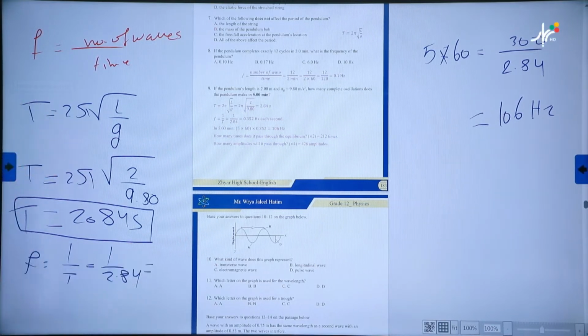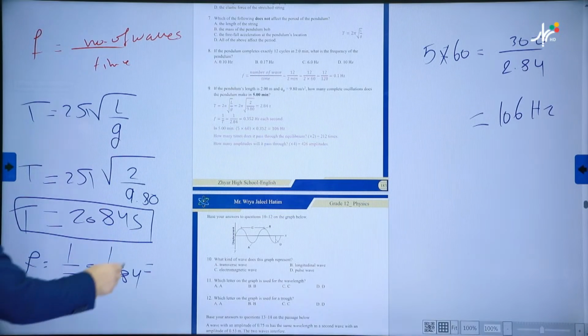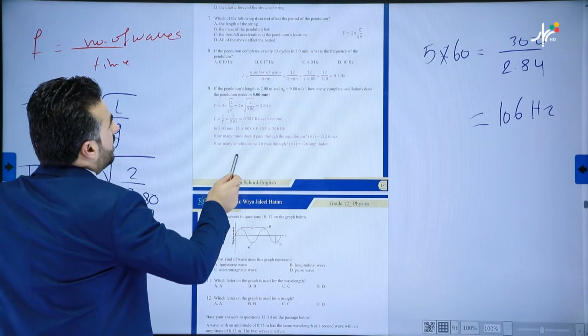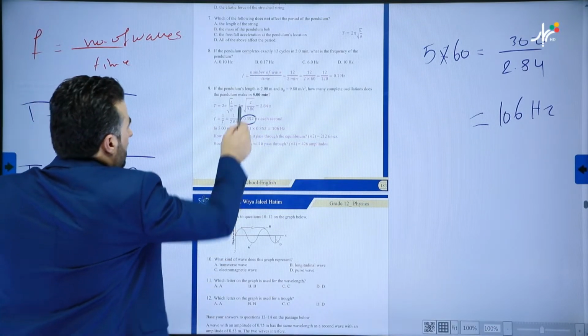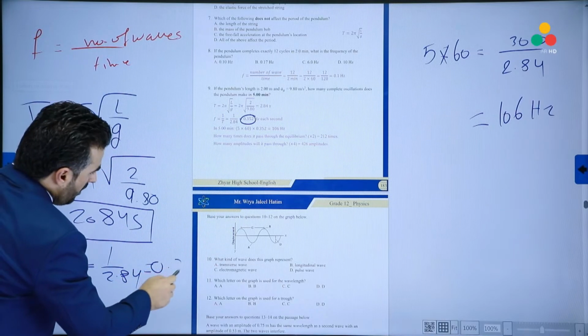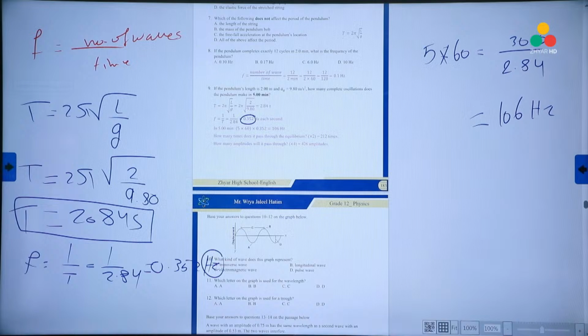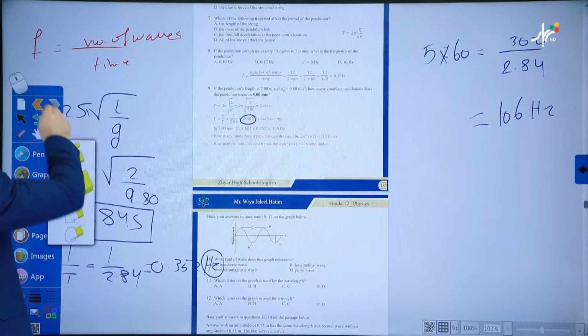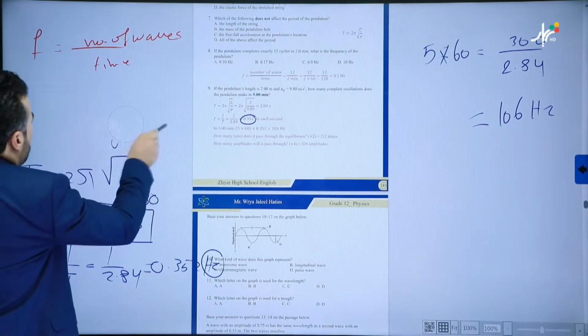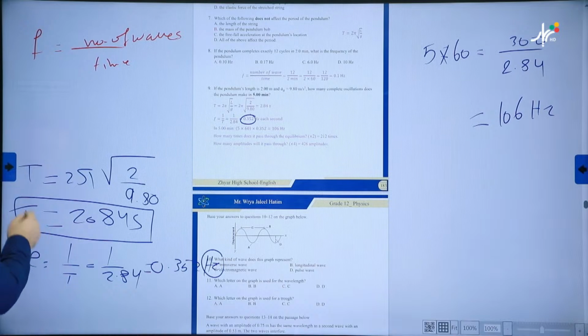Then of course, once you do this, you will find that the frequency is 0.352, and that is hertz as well. Now, we're going to use this one to find the number of waves. Now I'll write this one here. So here's what we have.